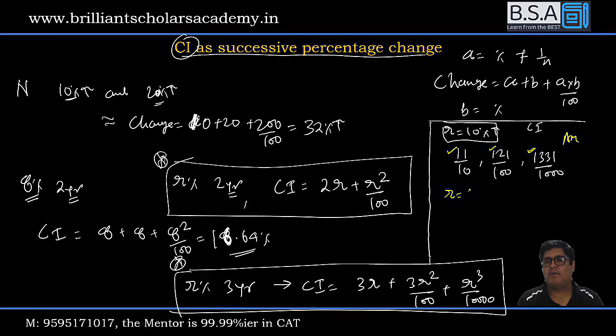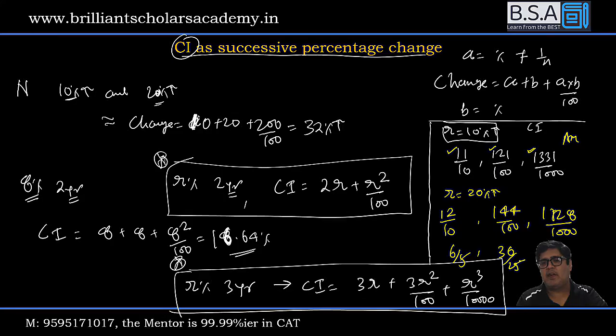If R is 20%, there are two ways to write that: 12 upon 10, or 6 upon 5. For 2 years, 144 upon 100. For 3 years, 1728 upon 1000, or 36 upon 25, 216 upon 125.